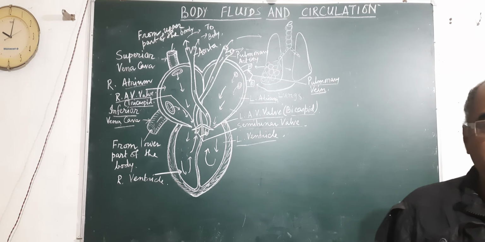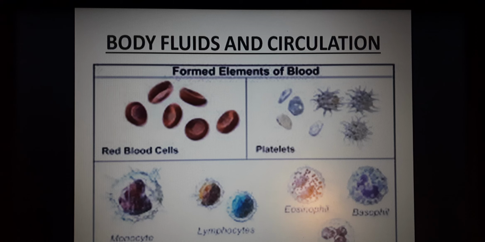Circulation is actually the transport of nutrients, oxygen, carbon dioxide and excretory products to the concerned tissues or organs. For circulation in higher animals, mainly blood and lymph are responsible.